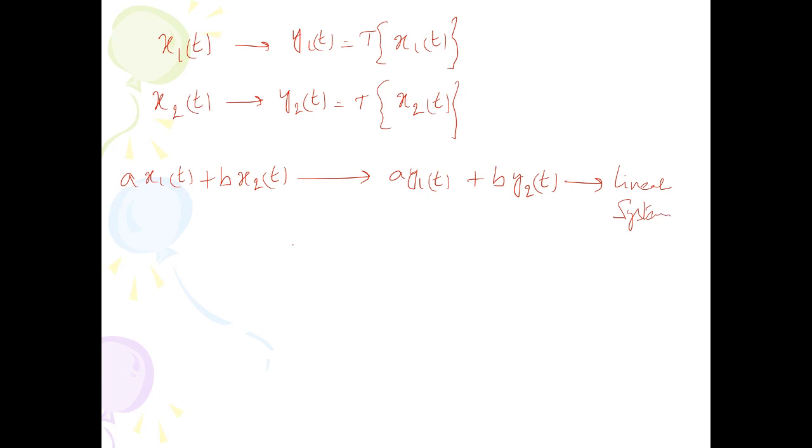If this condition is not satisfied, then it's a nonlinear system. So here a and b are arbitrary constants.